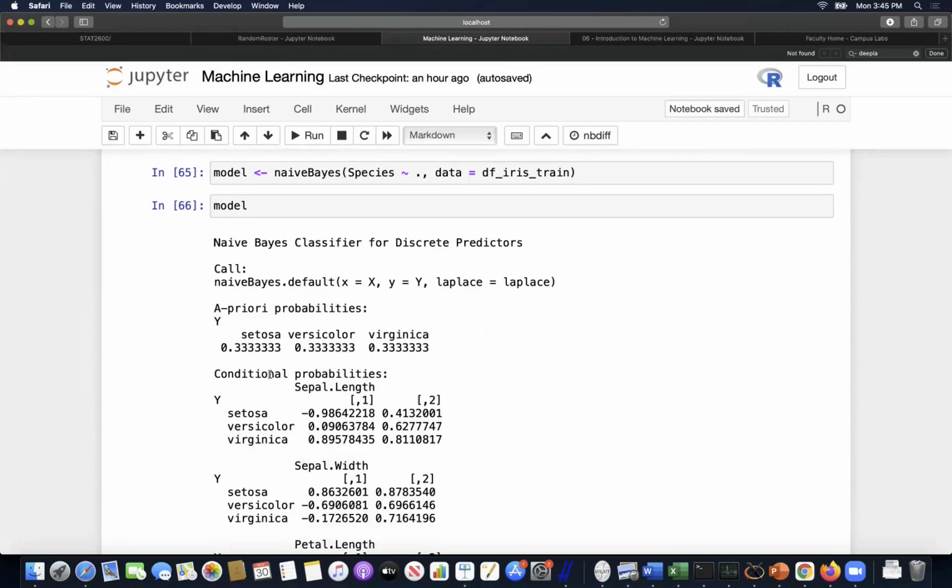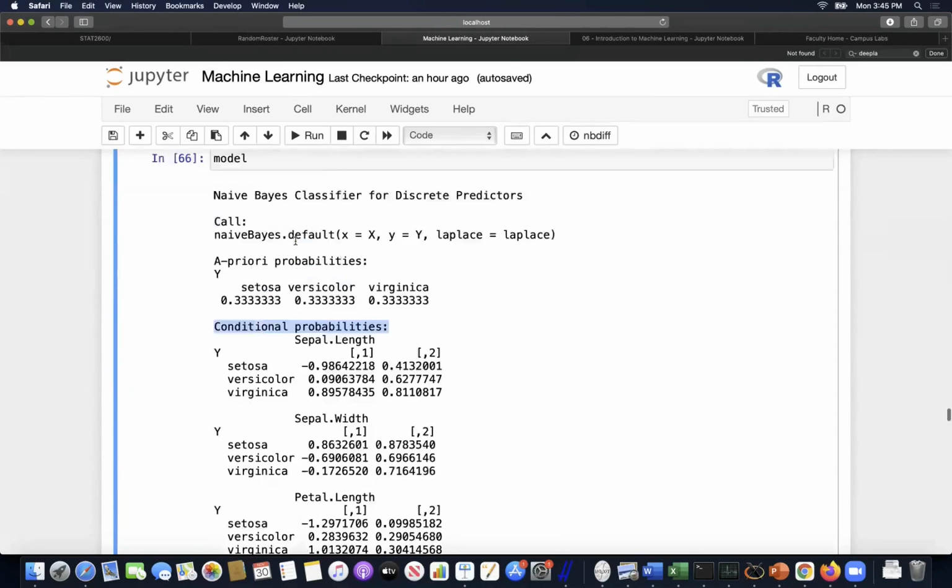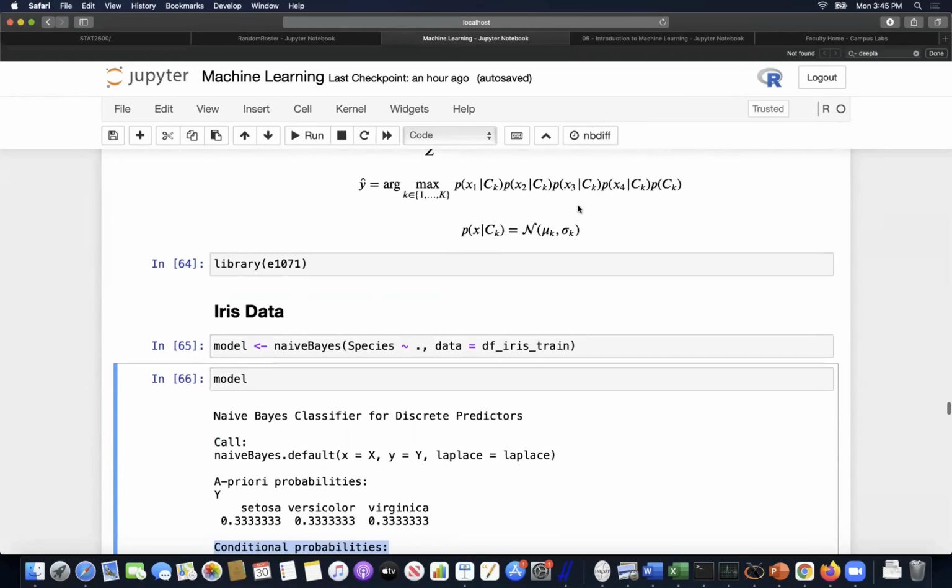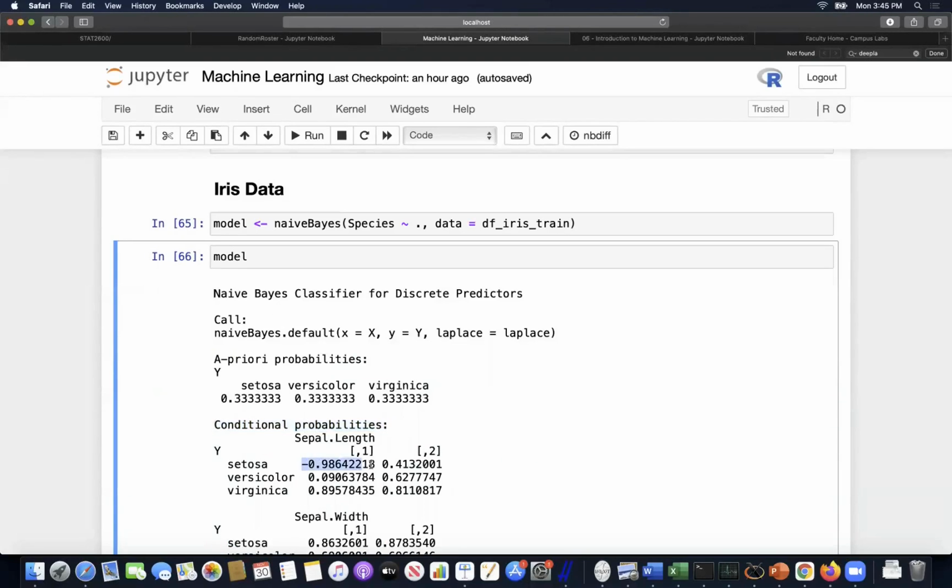And these are your conditional probabilities. For conditional probabilities, what do we need? If I know the class, what is the probability of x4, for instance, sepal length? And then we are parameterizing it with a mean and a standard deviation. The first one is a mean, the second one is the standard deviation.